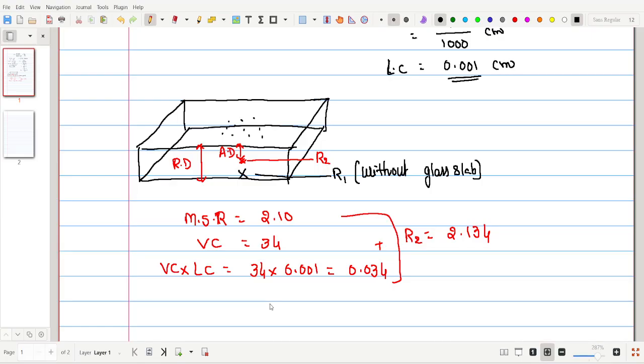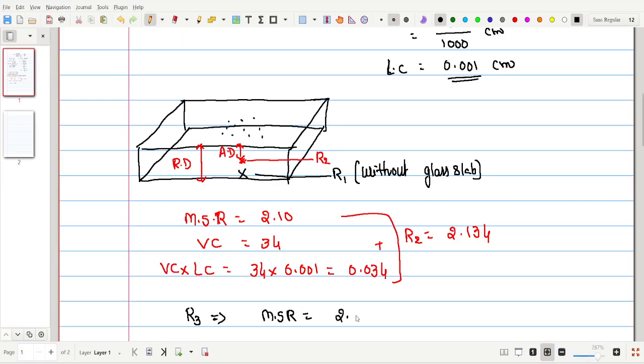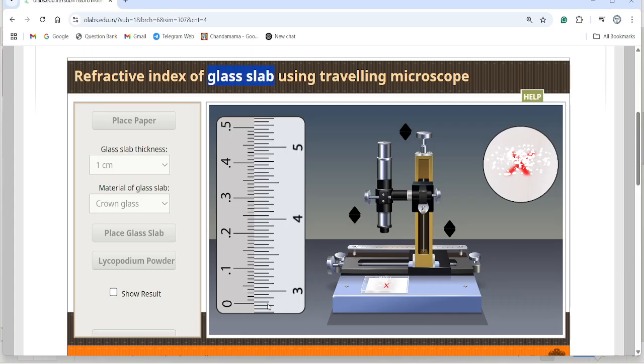So the main scale reading for R3 is 2.80, 2.85, 2.90. So it is 2.80. I hope everyone understood. Next, vernier coincidence: leave this 0, go up like this.